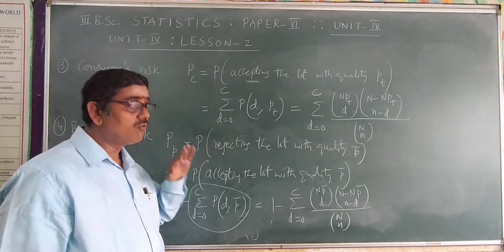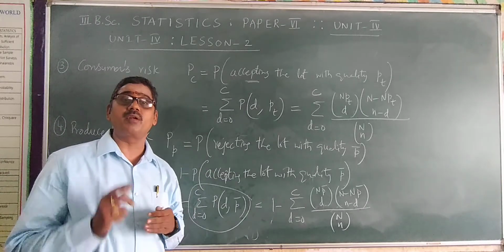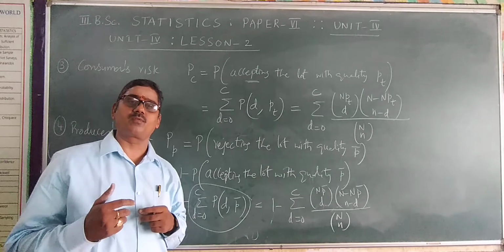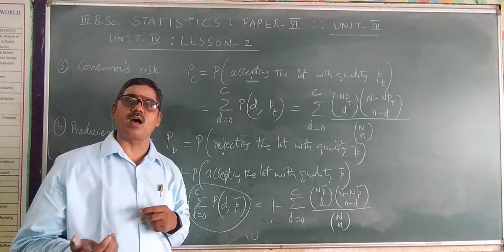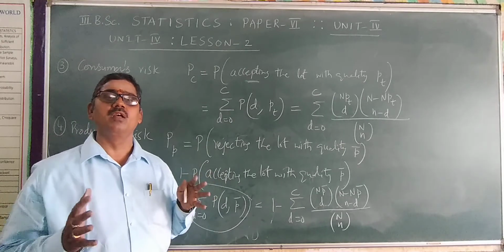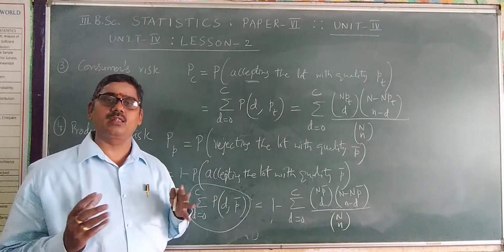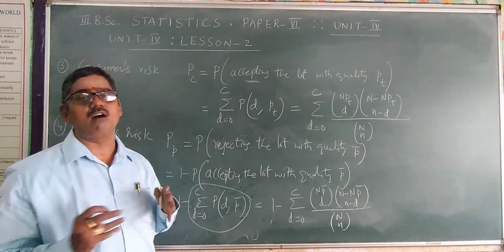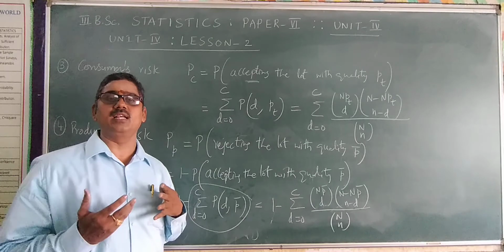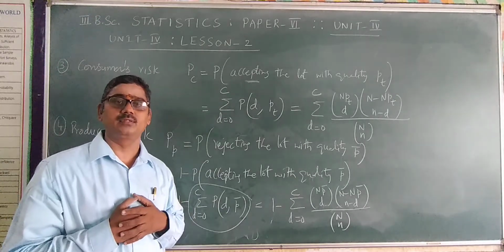These are the four respective formulas we have learned in the hypergeometric distribution, the probabilities of the single sampling plan using the hypergeometric distribution. This is the first distribution we apply, an accurate distribution, actually a suitable distribution for calculating the probabilities. Thank you.